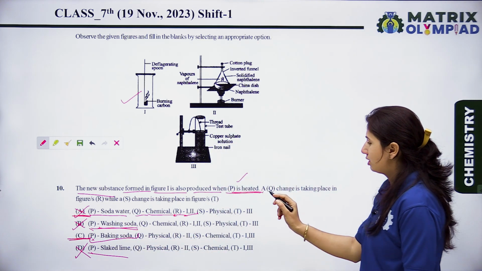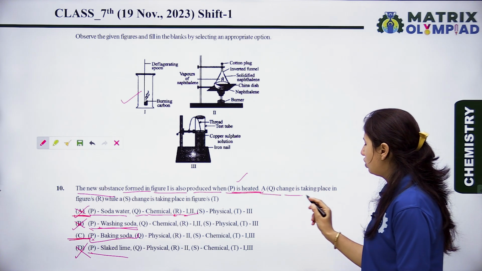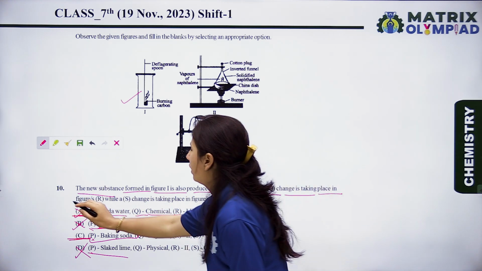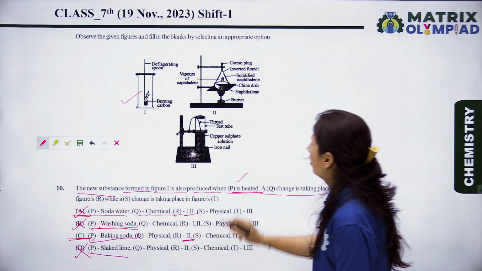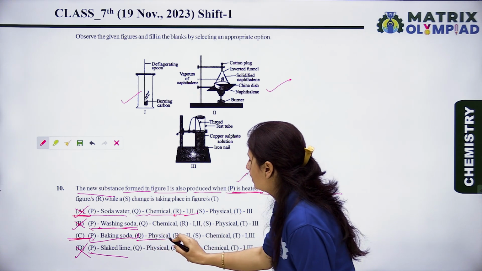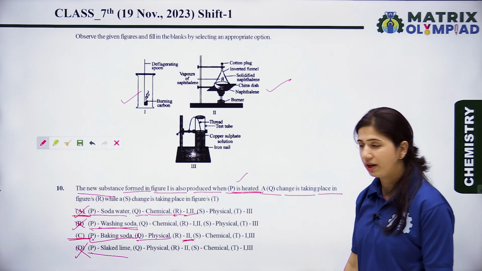Now the remaining options. Change is taking place in figure R, meaning in figure second there is a physical change. So this is also a right option.